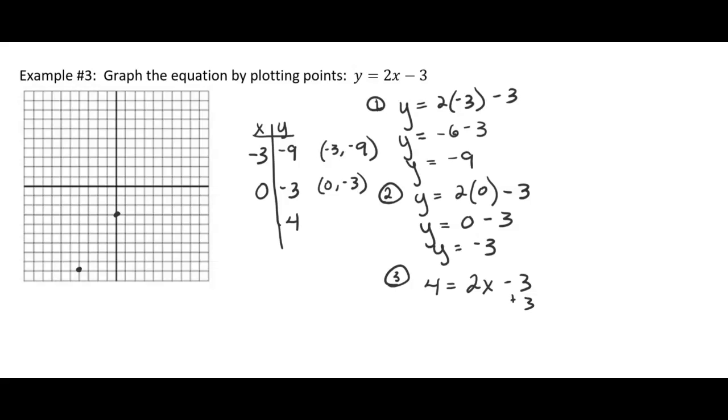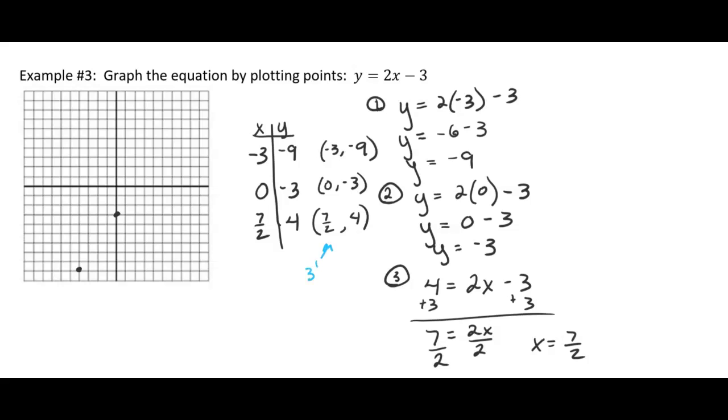So we can add 3 to both sides, get 7 equals 2x, divide both sides by 2, and you get x equals 7 over 2. So I can write 7 over 2 right there in the x column. And that ordered pair then is going to be 7 over 2, comma 4. Now when I go to graph that, I'm going to think 3.5. So you know how to graph 7 halves. I think we talked about that earlier. So I want to go 3.5 to the right and up 4.